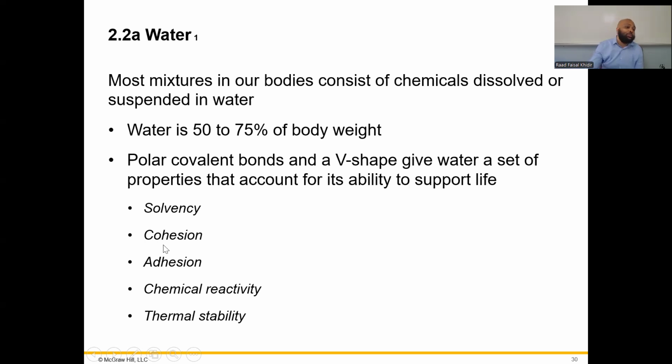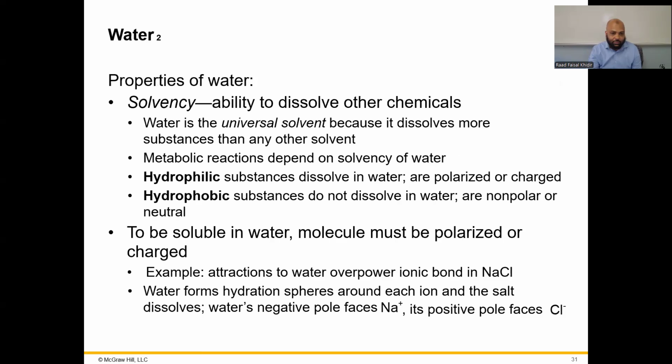So it's important for us to know the properties of water. Water is an excellent solvent. It dissolves a lot of different substances. It's a versatile solvent. Cohesion, adhesion, chemical reactivity, thermal stability.